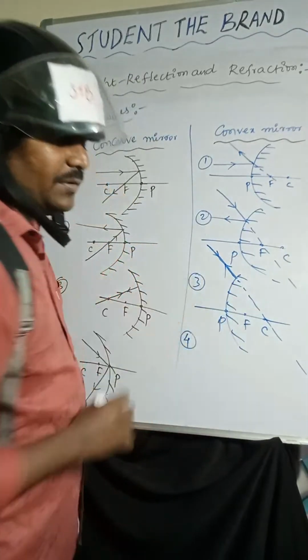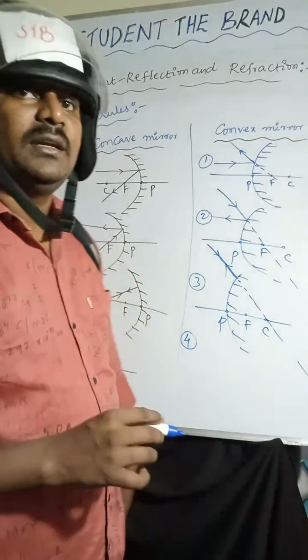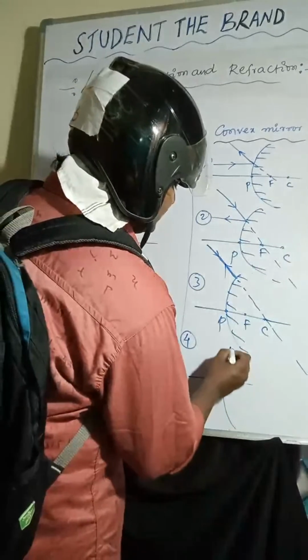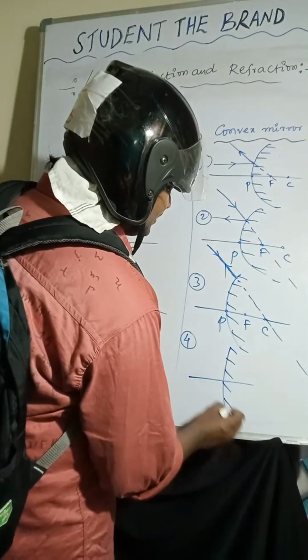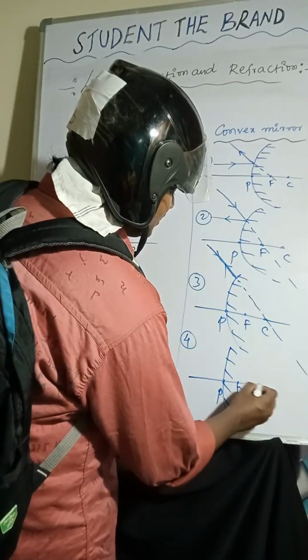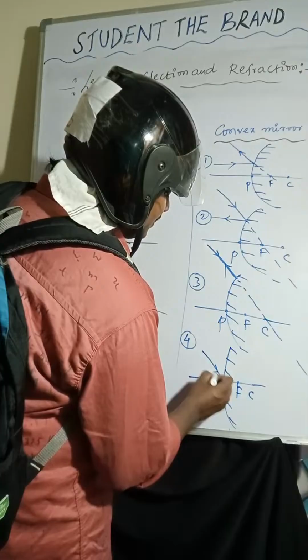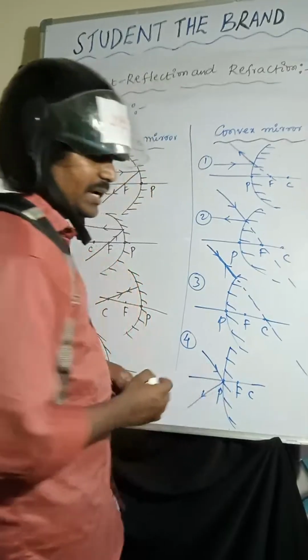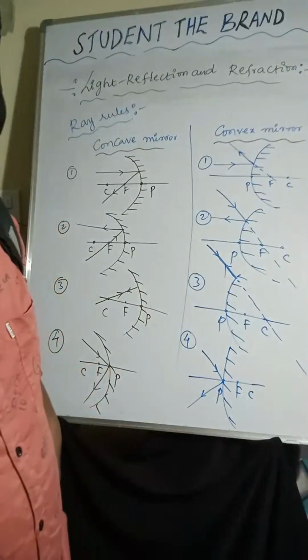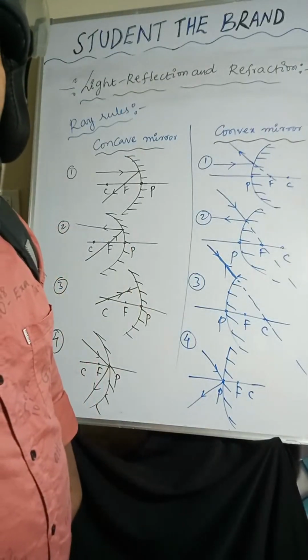Coming to the fourth one, the light ray is incident at the pole. Pole, focus, center of curvature. The light ray incident at the pole reflects back. So these are the ray rules of the convex mirror.